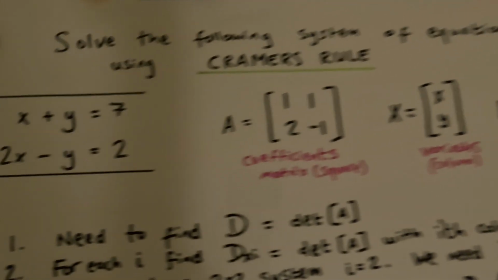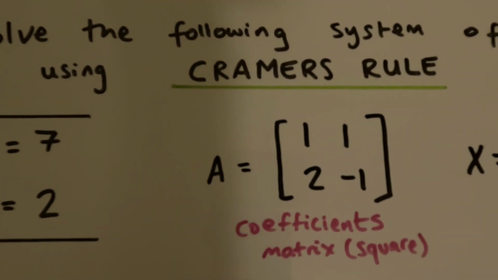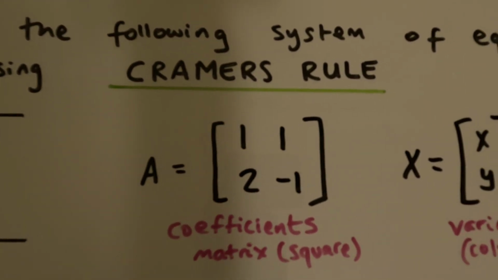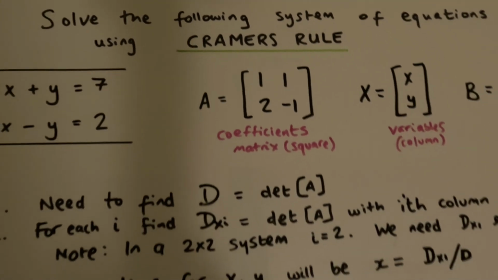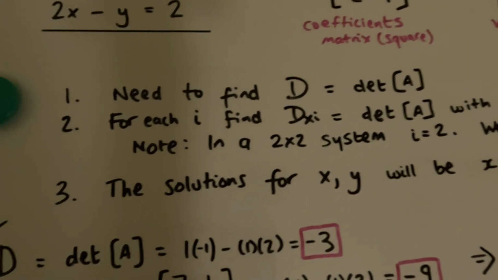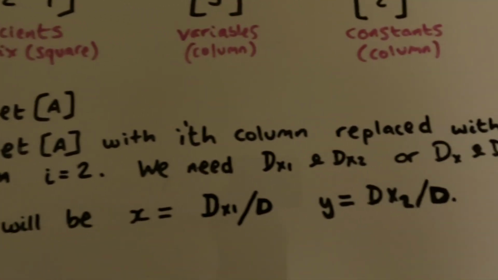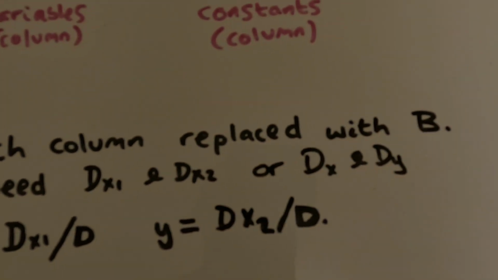If i was 1, we would replace the first column, 1, 2, with 7, 2. If i is 2, we would replace the second column, 1, minus 1, with 7, 2. In a 2 by 2 system, i goes up to 2. So we need dx1 and dx2, or dx and dy.